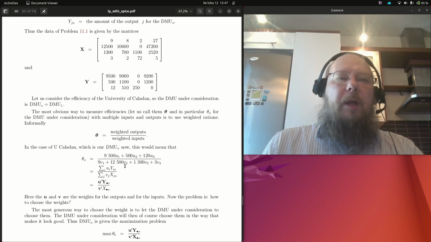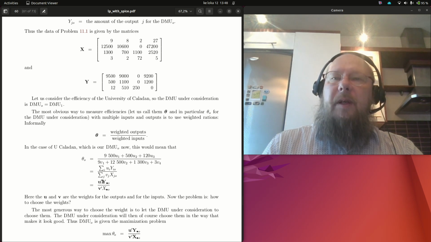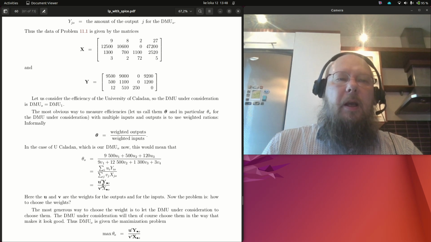I've written this symbolically as a sum, and then finally I have written it using vector notation. So U is now a vector of U1, U2, and U3, and V is a vector V1, V2, V3, V4. Y bullet O: bullet means that the rows run free and the column O is fixed. Same here for X.